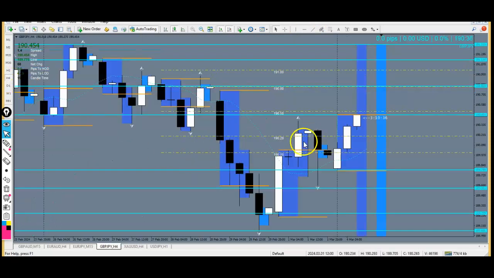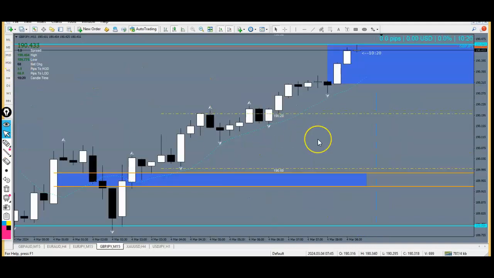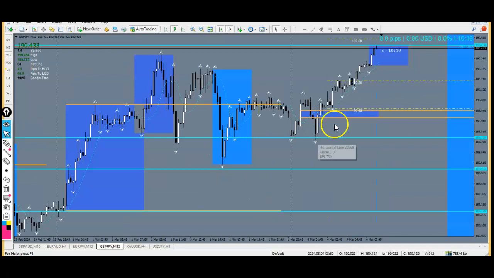Okay, so let's look at it here. Right now the last fractal is down here, so we'll be looking for buys to go long. Let's go to the 15 minutes. We have a nice trend up as well.